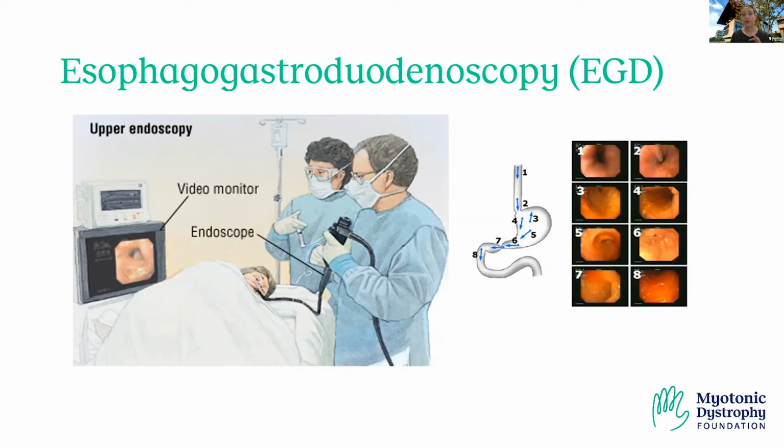We usually have the anesthesiologist help us put our patients to sleep so that they are comfortable for the procedure. We take this long tube, the endoscope, with a camera at the tip, go through the mouth and examine the GI tract. If there is any inflammation, we can clearly see it. Sometimes we do a biopsy to further evaluate the tissue.